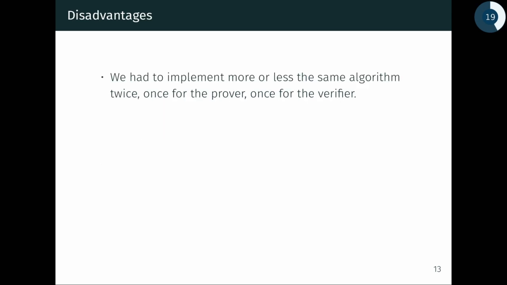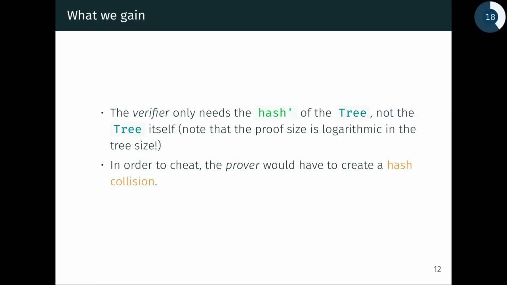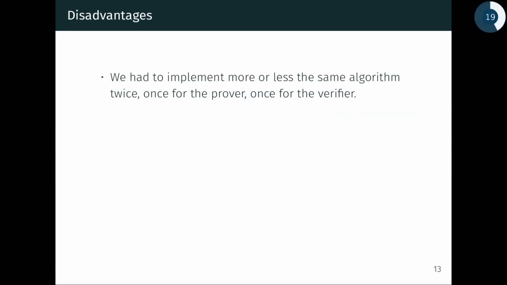But now, where we want these proofs, we had to create these two separate versions for the prover and for the verifier. And of course, we have to concentrate very hard that they really fit together. And if we want this security guarantee here, then we have to actually prove that. And of course, we could make a mistake, and that can be a very costly mistake if it's not only about coffee, but something more valuable that you buy with Bitcoin, for example.